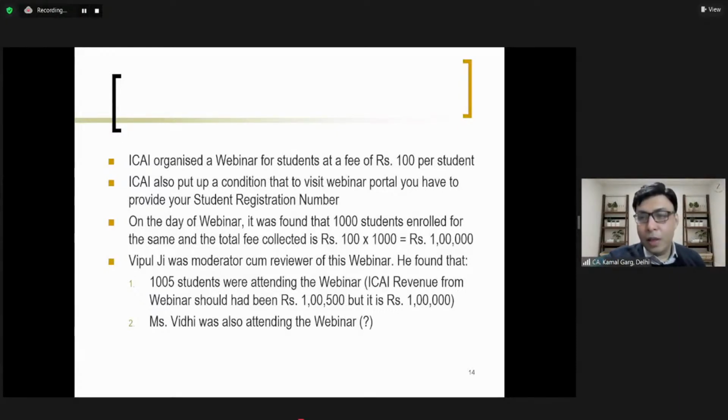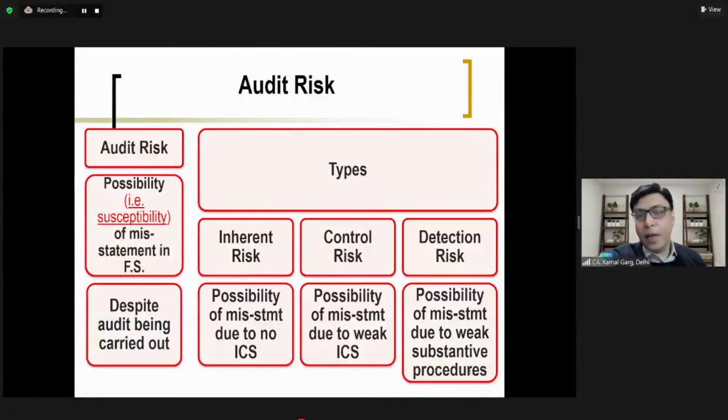So if I go theoretically, just see again. What are the types of audit risk? Inherent risk, control risk, and detection risk. What is inherent risk? Inherent risk is the possibility of misstatement due to no internal control system. ICS is internal control system. What is control risk? Control risk is the possibility of misstatements due to weak internal control system.